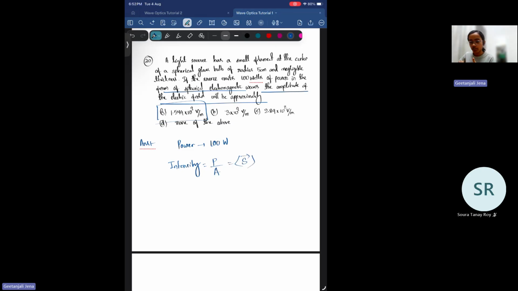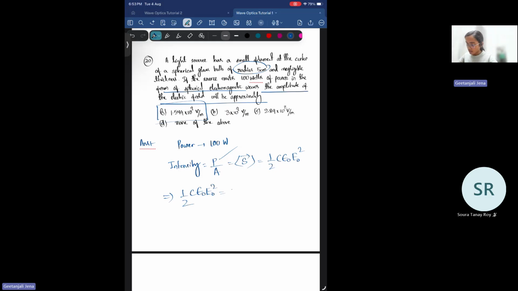So intensity is nothing but the average of the Poynting vector, and the expression is half C epsilon naught E naught squared. Power is given, and it's also given that it's a spherical glass bulb of radius 5 centimeter. Let me know whether I'm writing anything wrong in this expression.